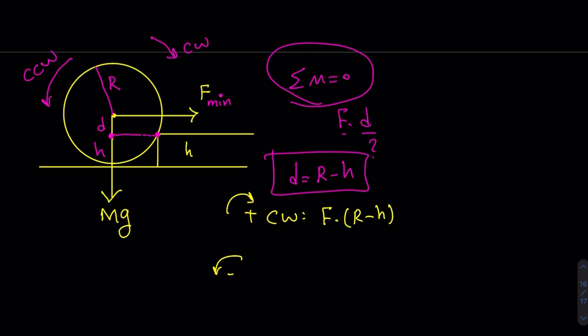But how about the counterclockwise, which we take as negative in this case? In order to calculate this counterclockwise torque, we have the mg here, and we need to find the distance that it makes with respect to this contact point.